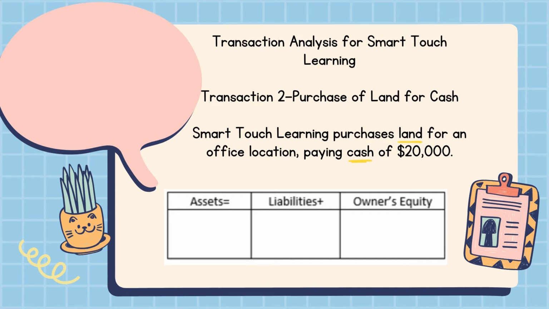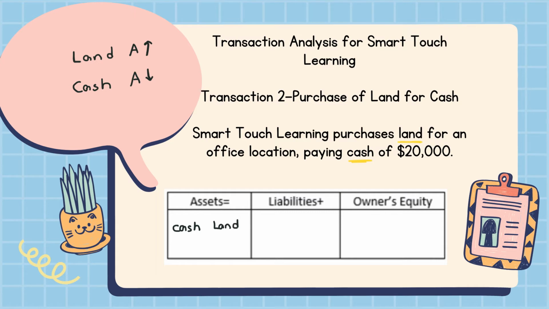So we have two accounts affected by this transaction, which are land and cash. Both are assets. Now land has increased because I purchased land and I paid cash, so my cash decreased. So both are assets. So under assets, I'm going to write cash and land.